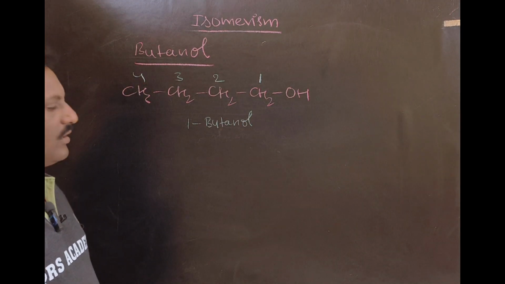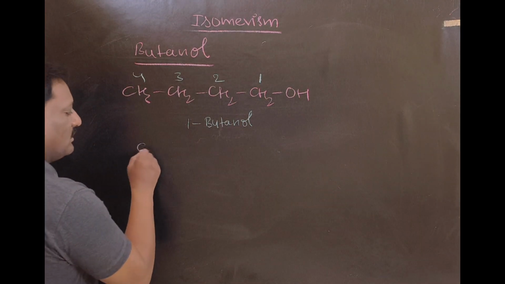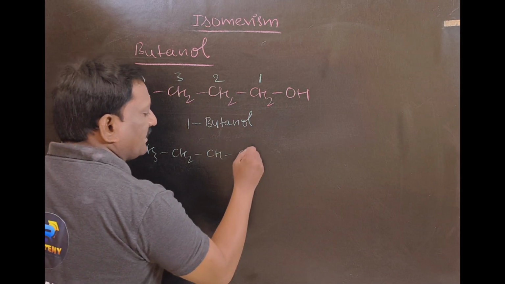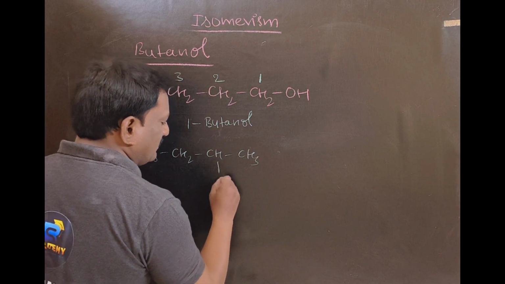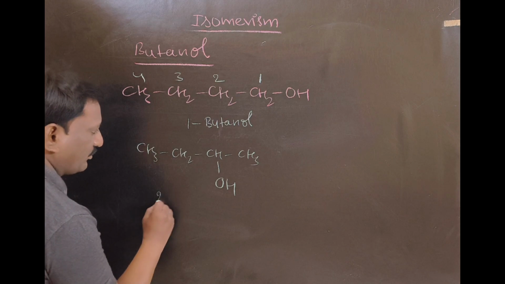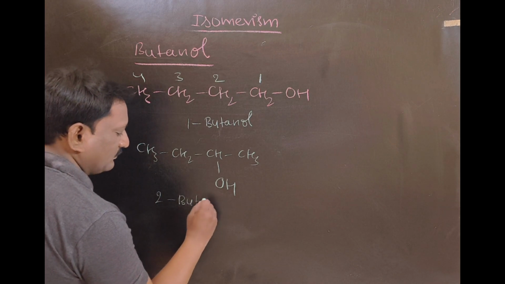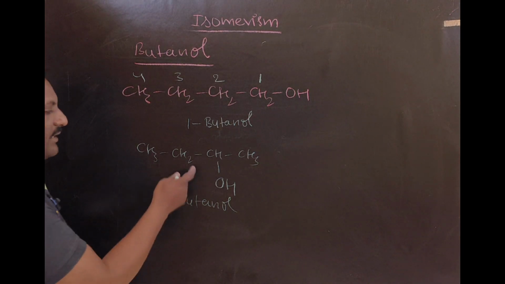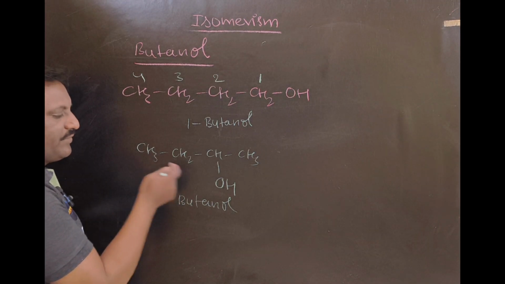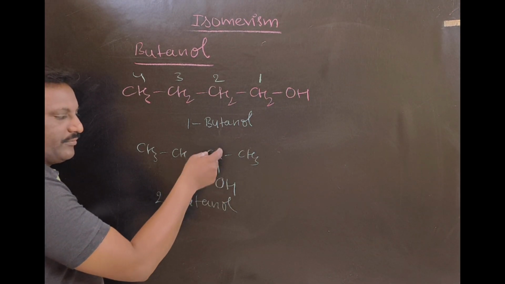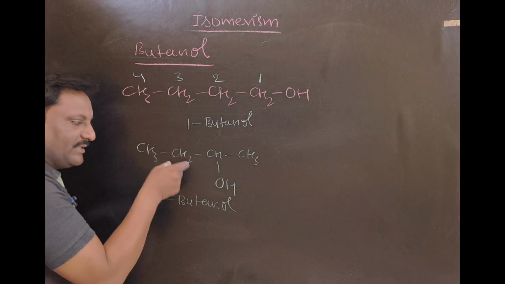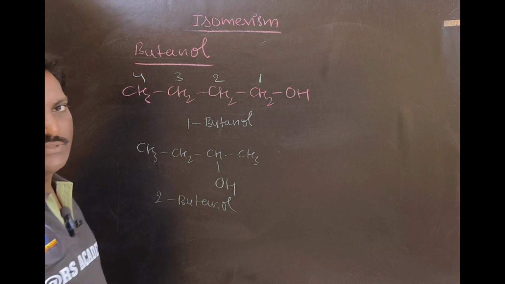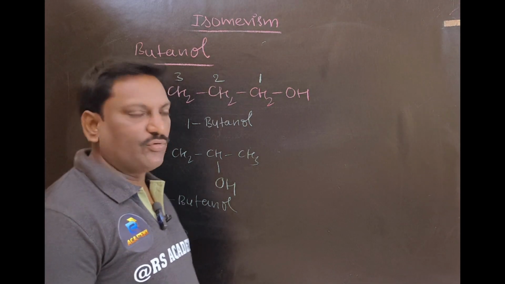So 2-butanol is also present. CH3, CH2, CH, CH3. This is 2-butanol. But we should not write 3-butanol, because if you place the OH group on this carbon, numbering must be done from this side. So that's why there is no 3-butanol.